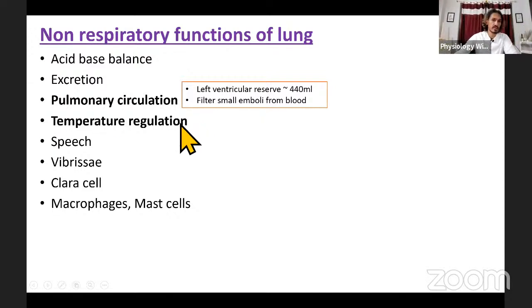Next thing is temperature regulation. As you breathe in and breathe out, warm air is going out. Especially in lower animals, you see something called panting. Have you seen dogs when you take them for a walk on a hot day? They'll be panting by the time they come back.